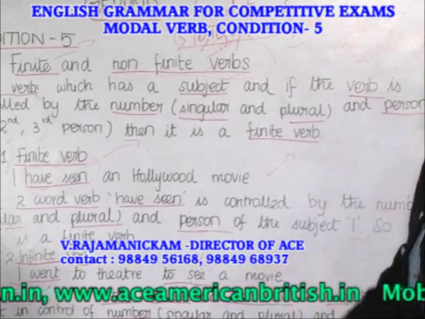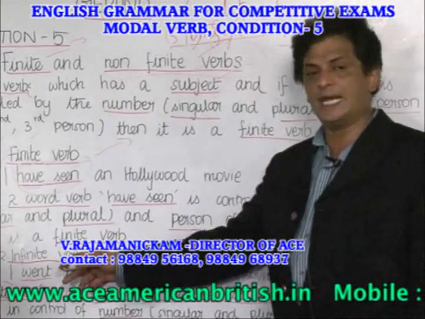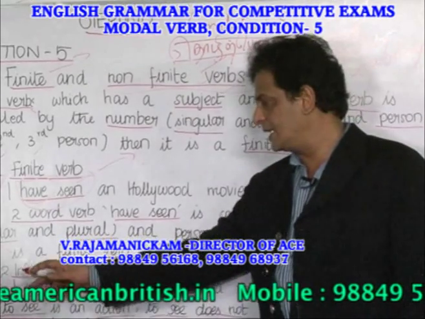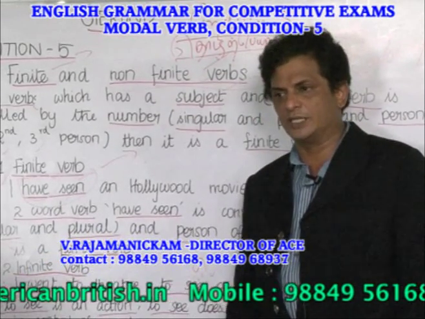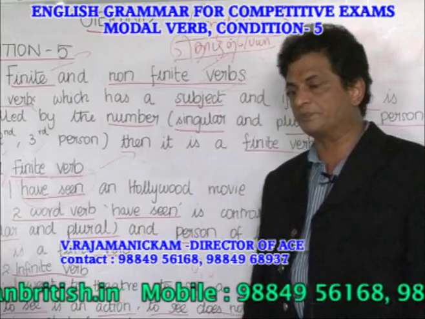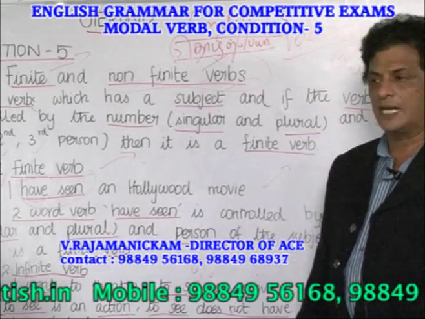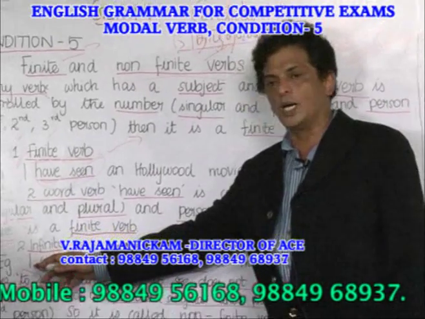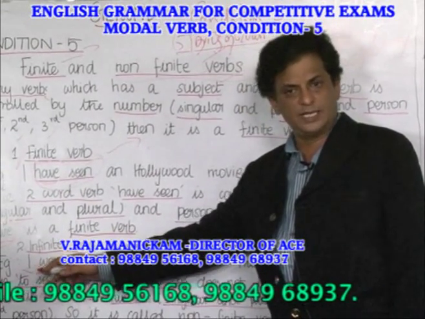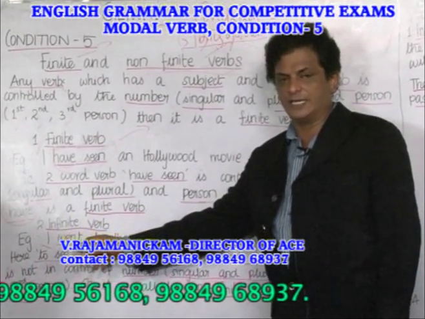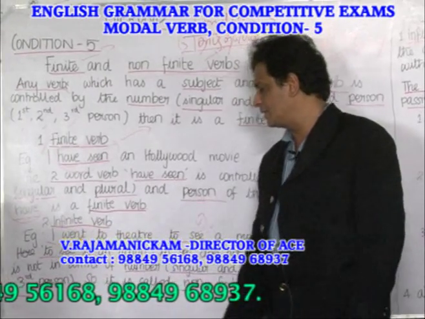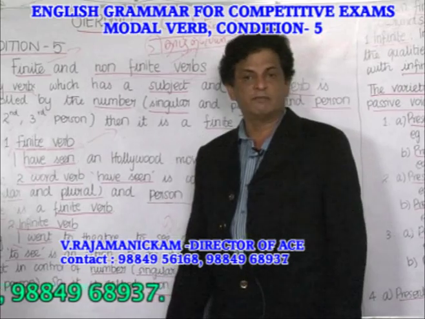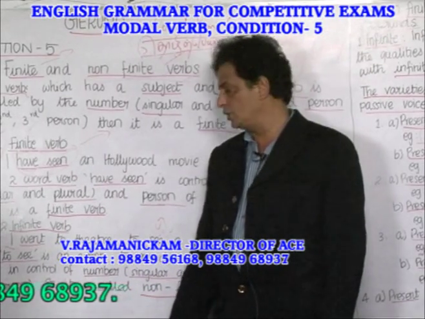To see a movie, ஒரு படம் பார்க்க. இந்த சென்றேன் எதனால் கட்டுப்படுத்தப்படுகிறது? சென்றேன் இந்த I என்கிற எழுவாயால் கட்டுப்படுத்தப்படுகிறது. ரைட்டா? ஒத்துக்கிறியா? நான் சென்றேன். யார் சென்றா? நான். ஸோ அந்த நான் என்பது எழுவாய், அது ஒருமையா பன்மையா? ஒருமை. Went என்பது வினைச்சொல். இந்த சென்றேன் என்பது நானால் கட்டுப்படுத்தப்படுகிறது. அதனால் அதை என்னவென்று சொல்வாய்? Finite verb. கட்டுப்படுத்தப்படுகிற வினைச்சொல் என்று சொல்வாய்.